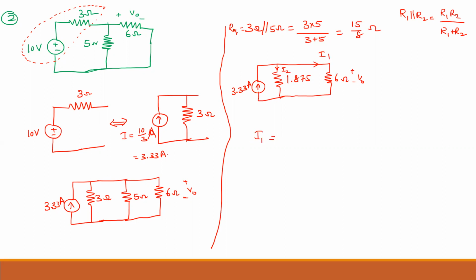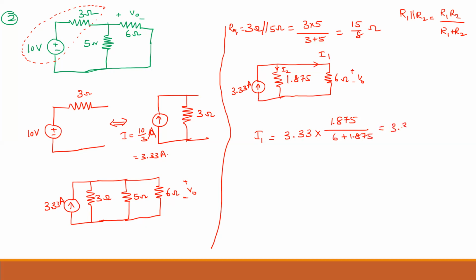How to calculate I1? Total current 3.33 into the opposite resistance. I'm calculating the current at 6 ohm, so the opposite is 1.875 divided by 6 plus 1.875.